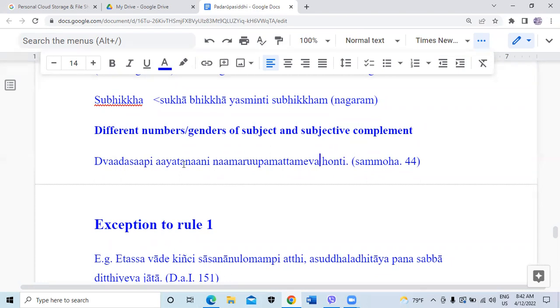And also somehow we know the name of the commentary. So in this example, subject and subject complement, nāmarūpamatta, have different numbers.